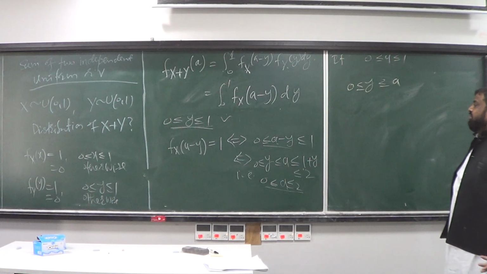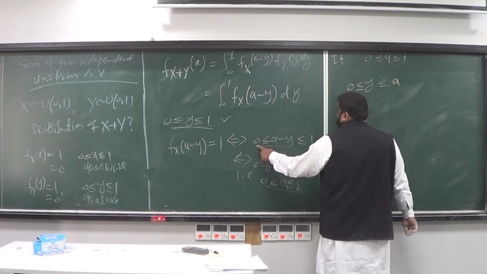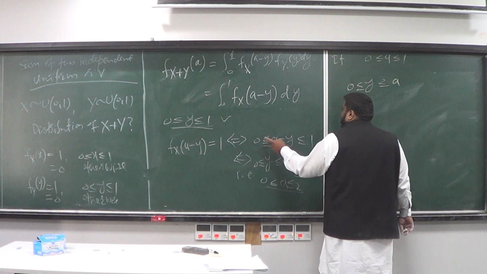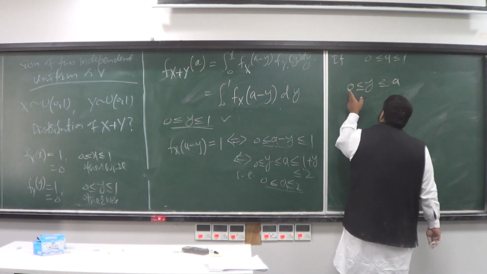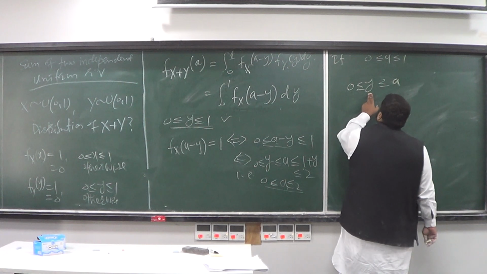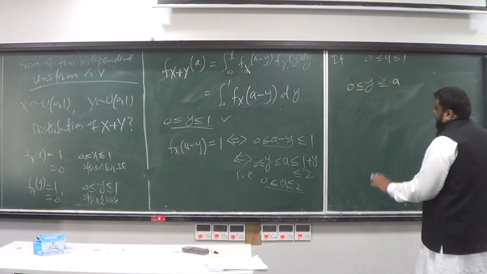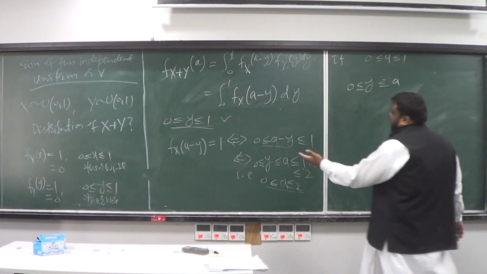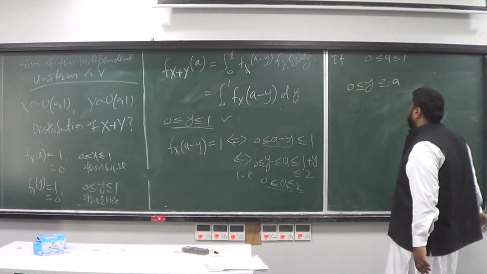I hope it is making sense to you. How did I deduce it? Since a minus y is greater than or equal to 0, a is greater than or equal to y, and y is greater than or equal to 0, so y must be between 0 and a. In other words, y is less than or equal to a, but we know from the universal constraint that y is greater than or equal to 0, so you deduce that you're going to have this.